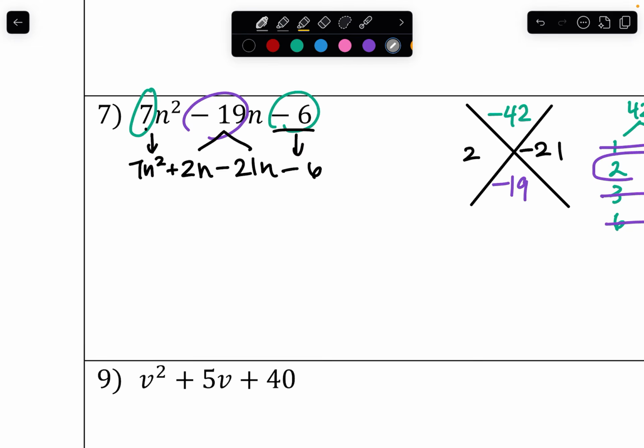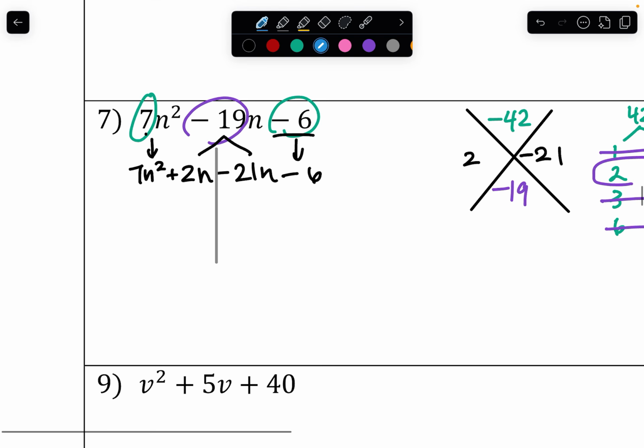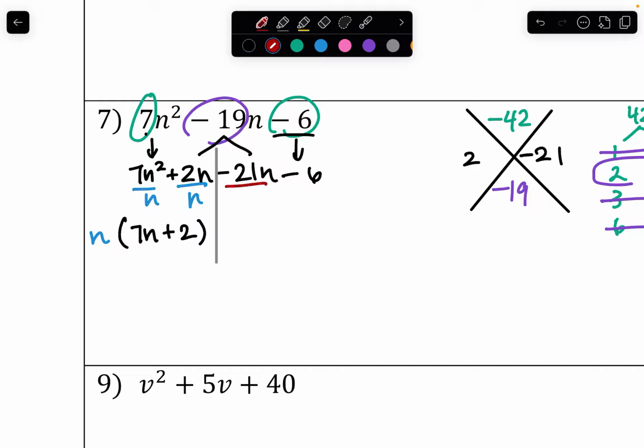Divide it right down the middle, and then you look for a GCF out of each pair. Looking at the first pair, they both have an n. So when we divide by n, that leaves us with 7n plus 2. And then out of the second pair, we talked about this in the GCF lesson.